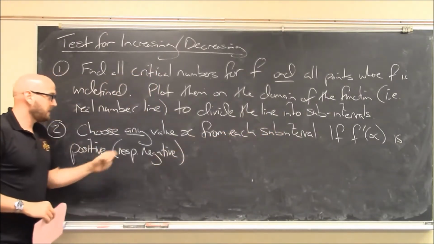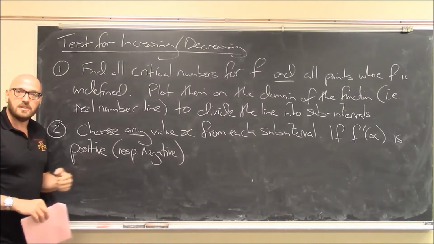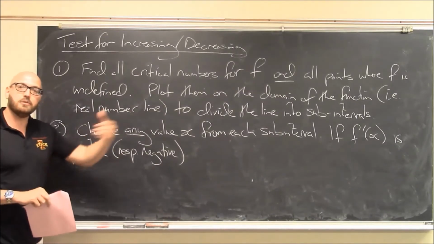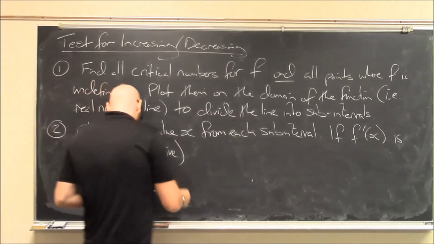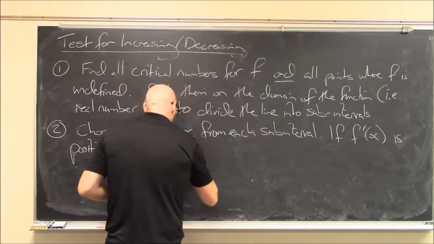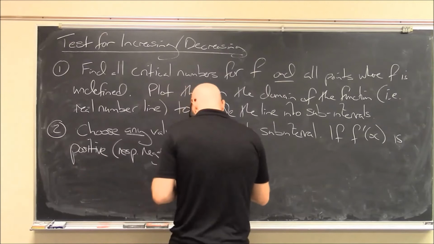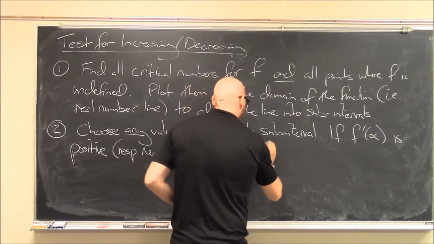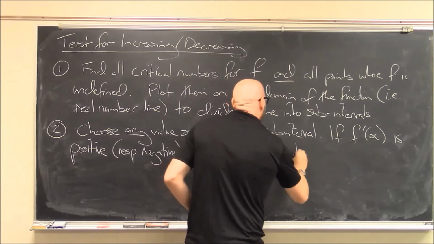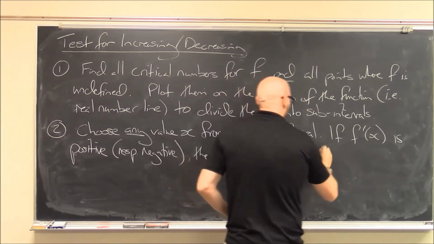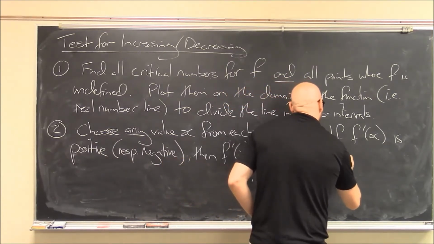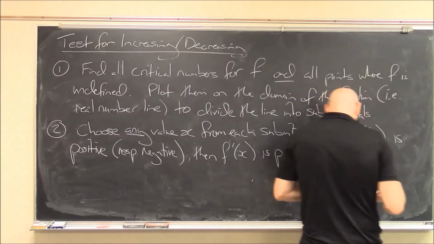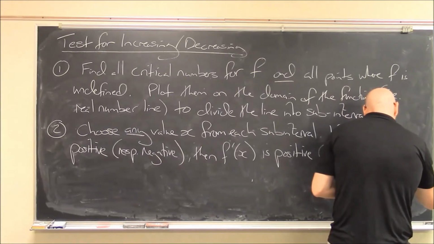If you found that that derivative is positive, then that means your derivative is positive on the entire interval, and that means your function is increasing on that entire interval. Okay, so then f prime of x is positive, or respectively negative, on the entire interval.